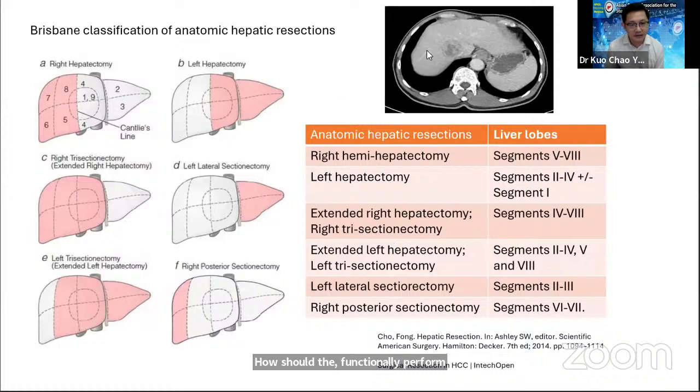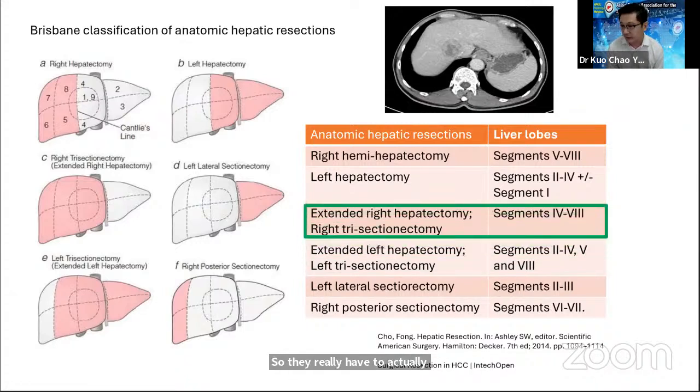The lesion is sitting at the plane of the right and left hepatic vein, so they can't do an anatomical resection, meaning just removing the lesion there. They really have to consider the extended right hepatectomy.